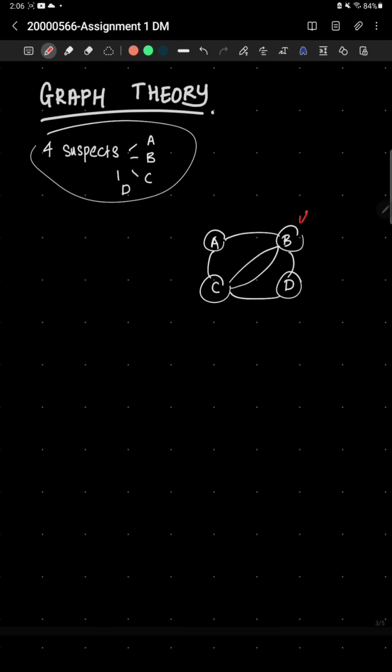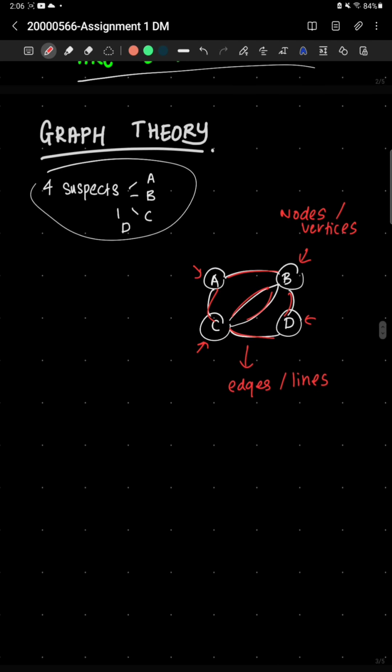So these, A, B, C, and D, are called nodes, or vertices. And the lines here are called edges, or also easier to say, lines. So that's the important thing to know about graph theory. So now we know what the graph theory looks like.